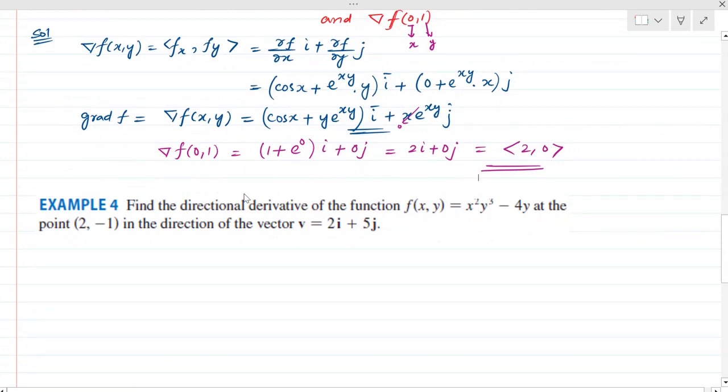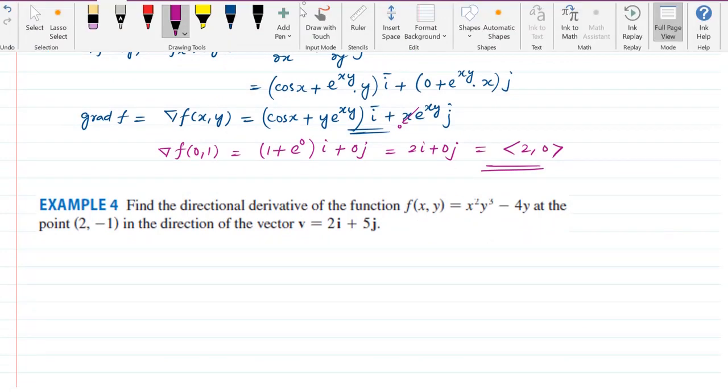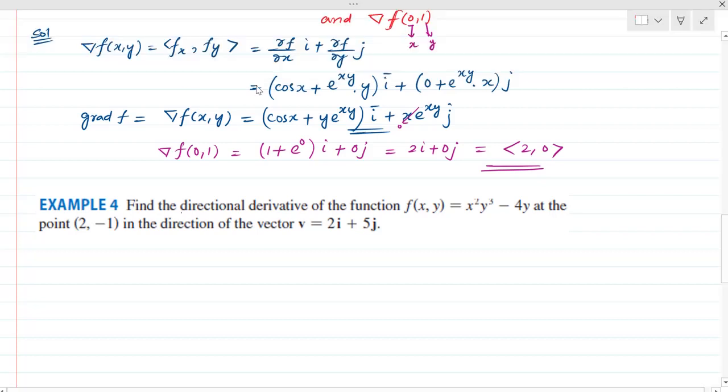Now the next one, in this case, is given as a directional derivative. You have to find the directional derivative of the given function at a point in the direction of the vector. So a direction vector is given, and you have to find the unit vector here. First of all, I have to calculate the gradient vector.